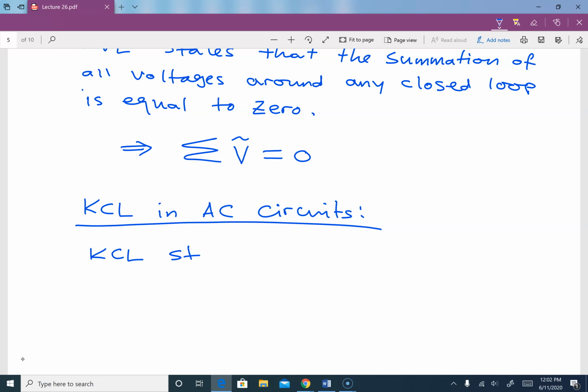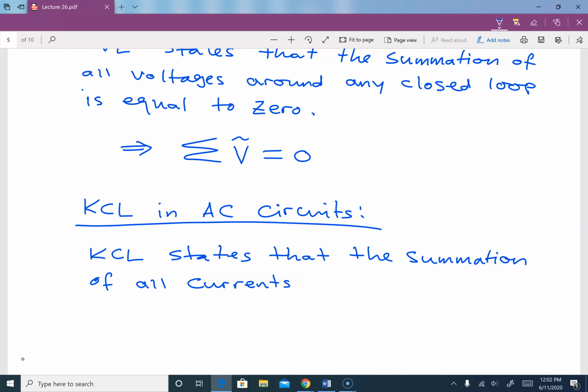KCL states that the summation of all currents at any node is equal to 0.